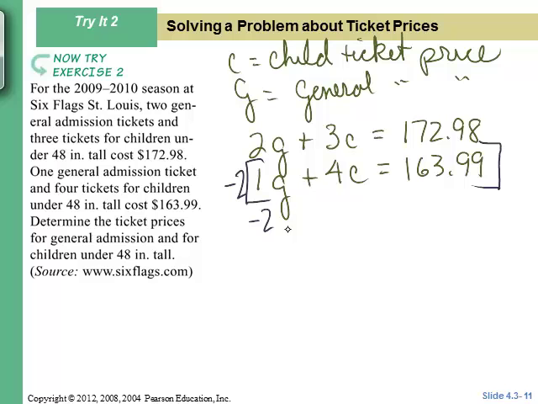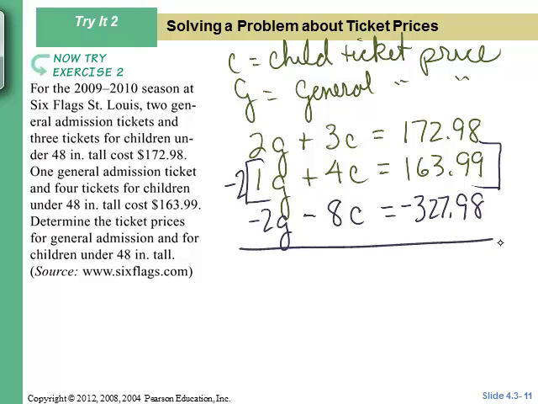So we have -2g minus 8c equals 163.99 times 2 gives us -327.98. Add these two together, the g's cancel.